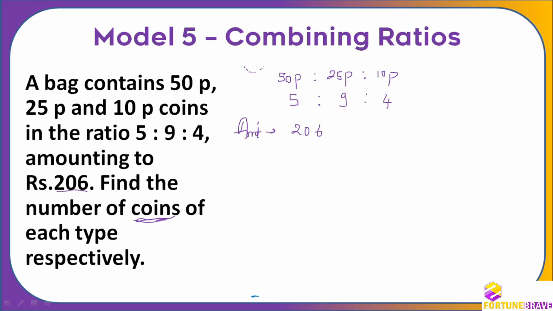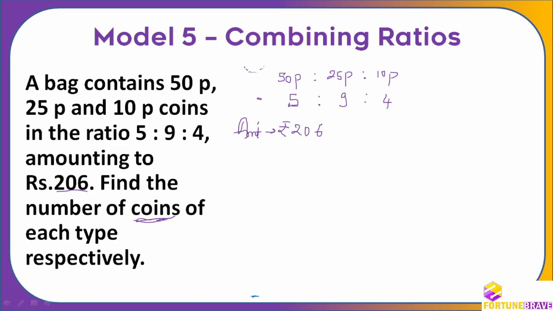Now be careful, my dear friend. It's not the number of coins, it's the value of the coins. If I only take this 5 is to 9 is to 4 and equate it with this, it is wrong. This is in rupees and this is the number of coins, so the value is not the same.